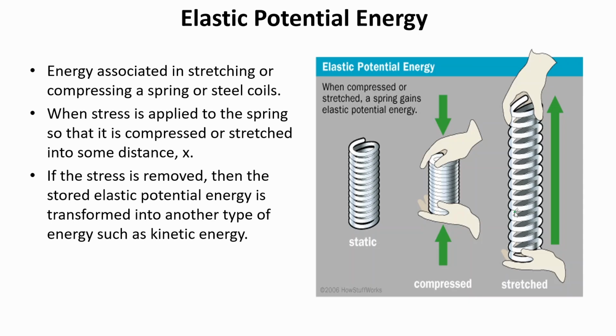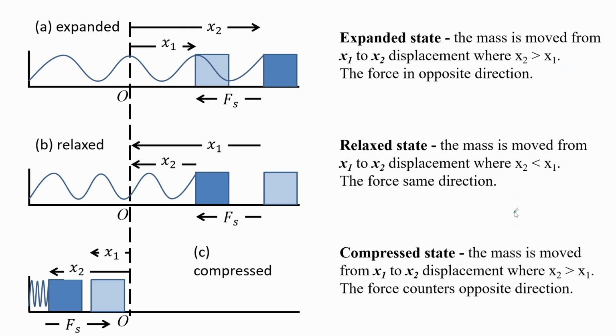When stress is applied to the spring so that it is compressed or stretched by some distance x, it experiences stress. If the stress is removed, of course, it lets go.